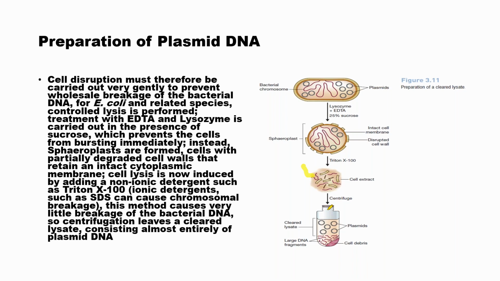So after centrifugation, together with the cell wall debris, the large chromosomal DNA will always settle, whereas in the supernatant you will get a clear lysate which contains only plasmids. That's why we are making some modification to our previous method.